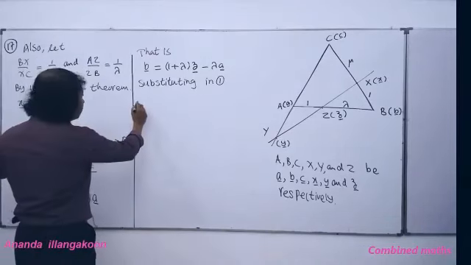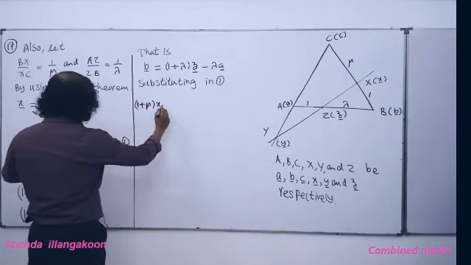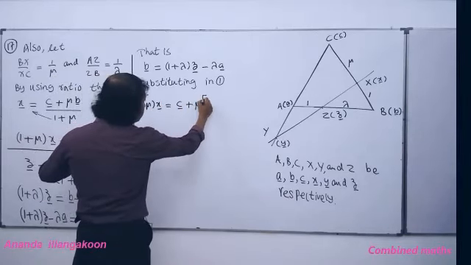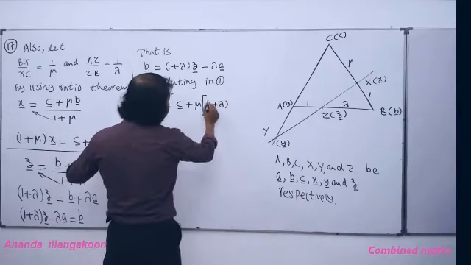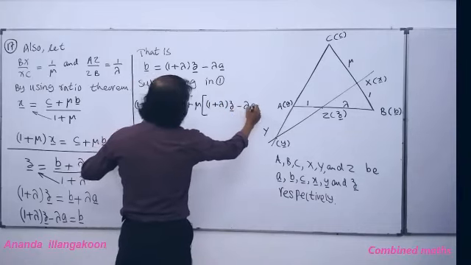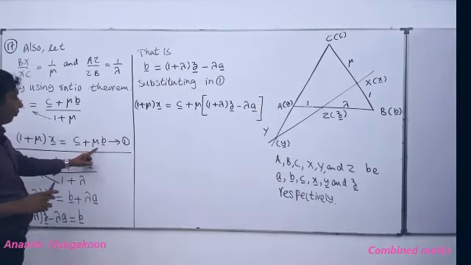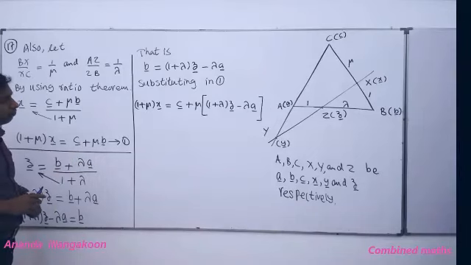1 plus mu times x vector is equal to vector c plus mu times vector b. It is 1 plus lambda z minus lambda a vector. Mu times c means 1 plus lambda z vector minus lambda a. Okay.